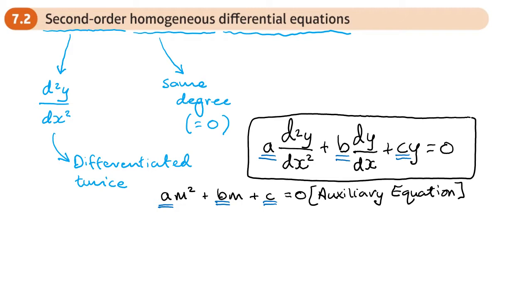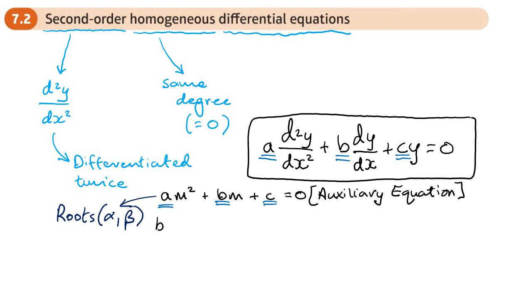We'll call the roots of this auxiliary equation alpha and beta, and the discriminant will tell us how we use alpha and beta in finding the solution. There are 3 different cases for the discriminant.